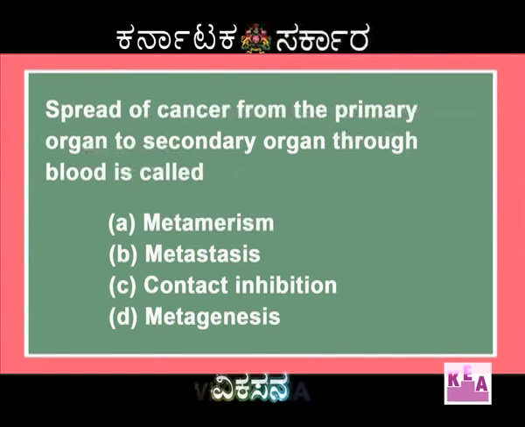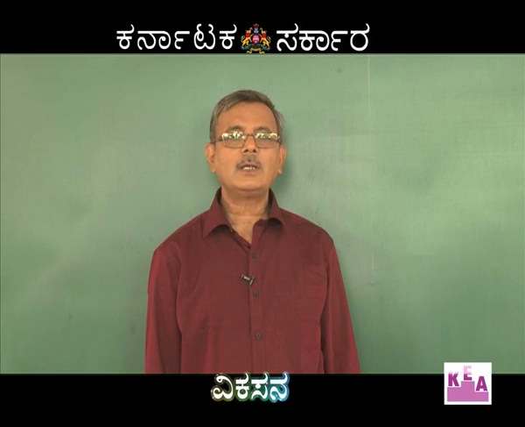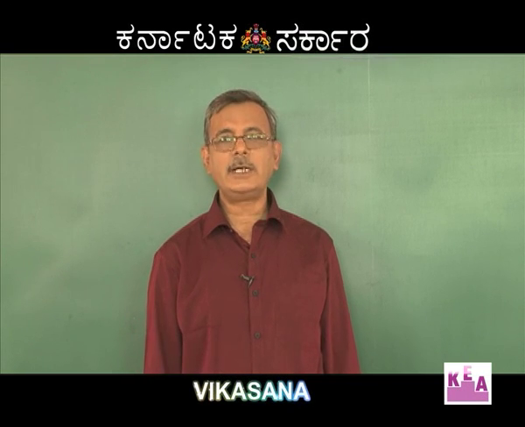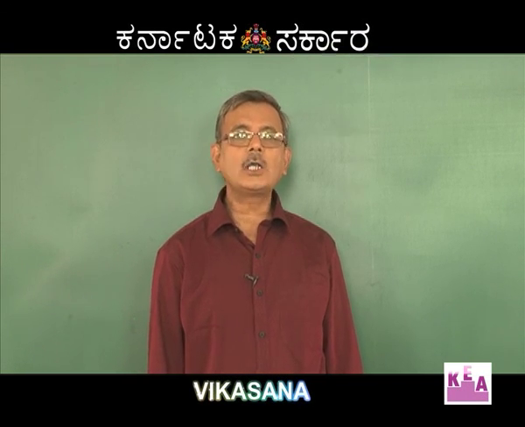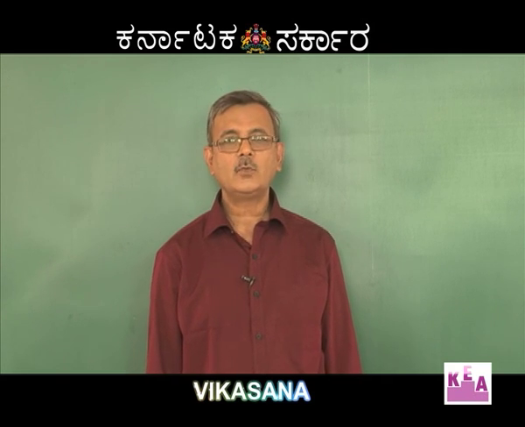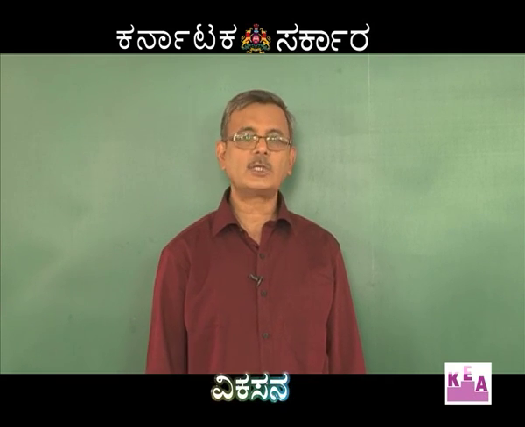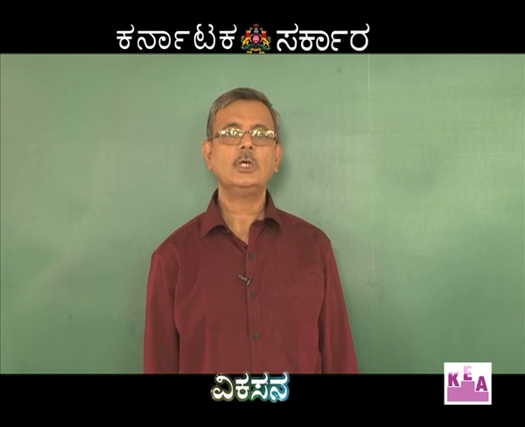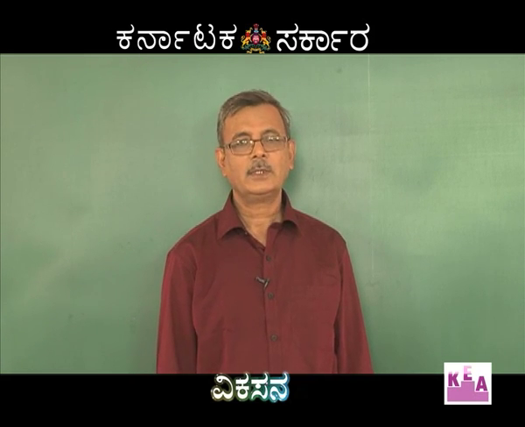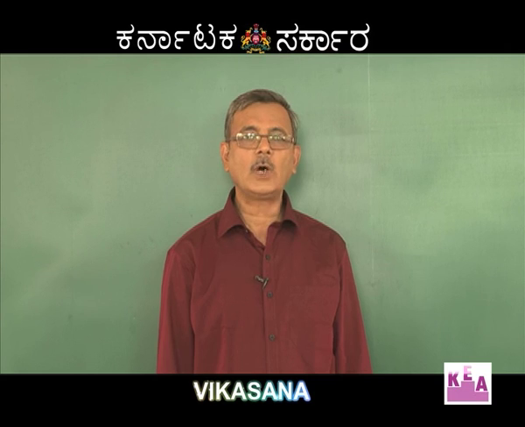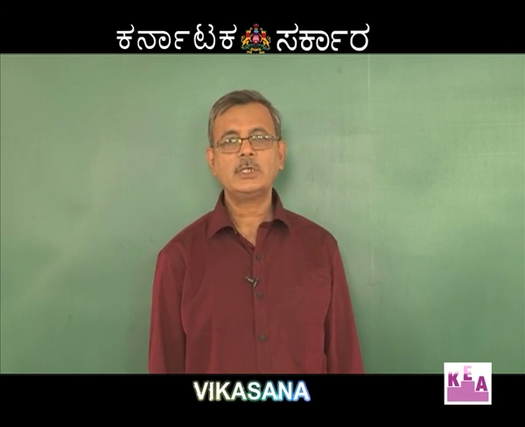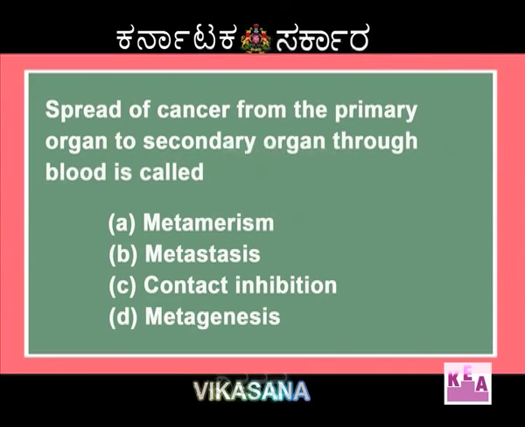When we look into option D, metagenesis, remember, in organisms like coelenterates, we find alternation of generation from asexual phase to sexual phase to asexual phase. The term used for alternation of generation is metagenesis. Thereby, option D is also not our answer.